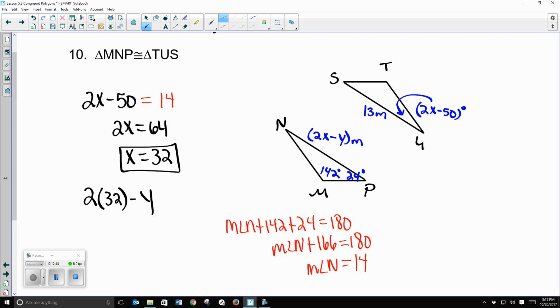And that is equal to, well, NP is equal to SU, or US, which is 13. So that's 64 minus y is equal to 13. Negative y is equal to, you subtract 64 from both sides, negative 51. Divide both sides by negative 1, and y equals 51.